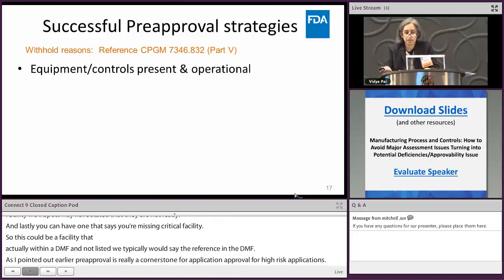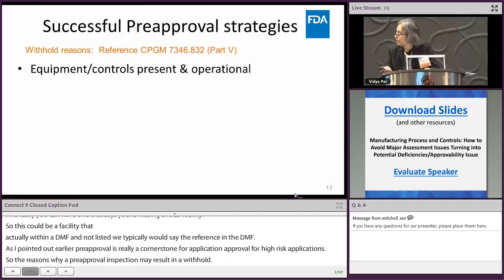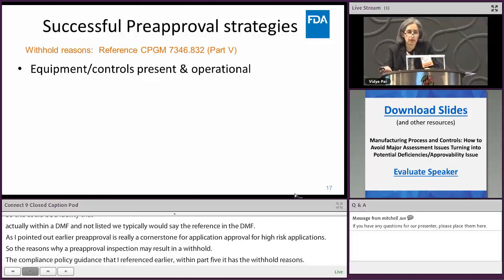The compliance policy guidance manual that I referenced earlier, within part 5, has the withhold reasons. I phrased them in a way where you would keep these strategies in mind to increase your chances of success for a successful pre-approval inspection.